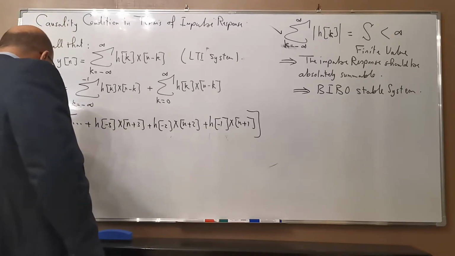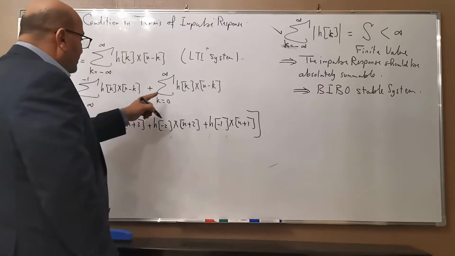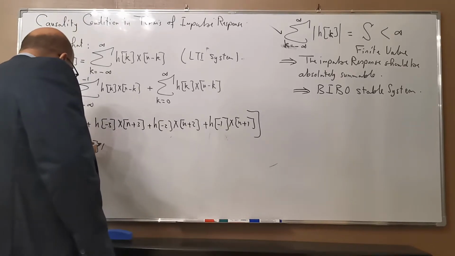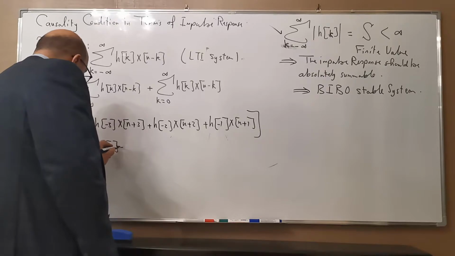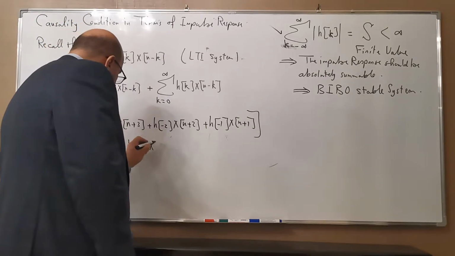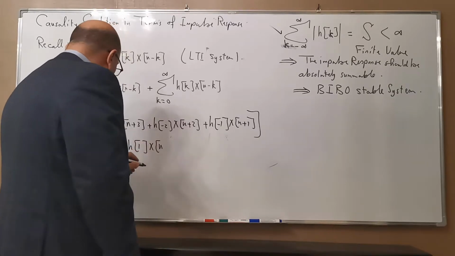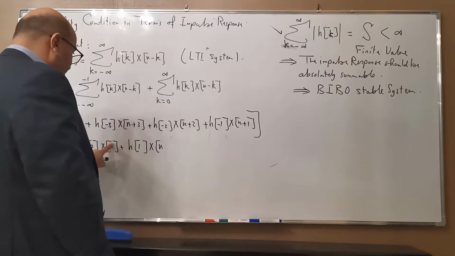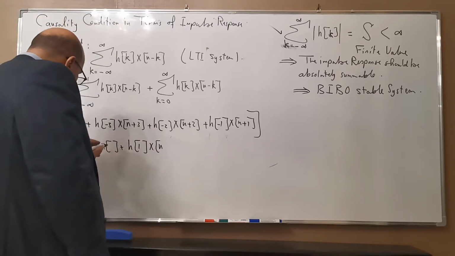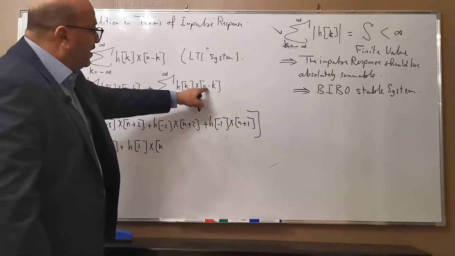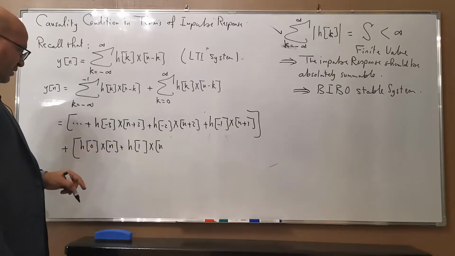In the second summation, we will have, starting from 0, h of 0, x of n minus 0, so it's x of n.